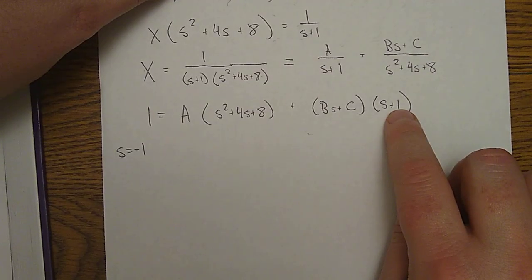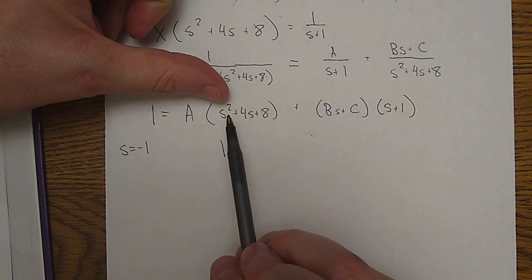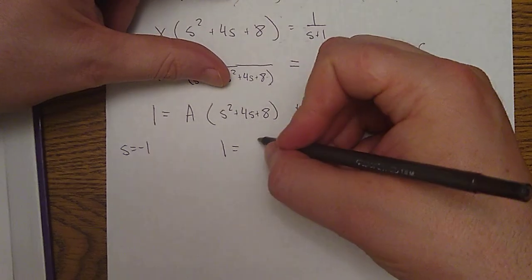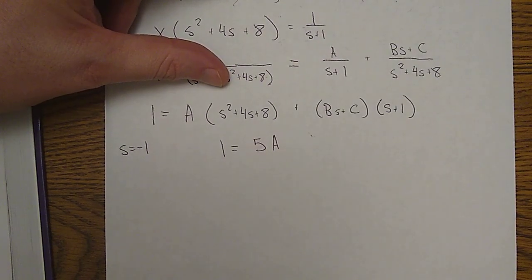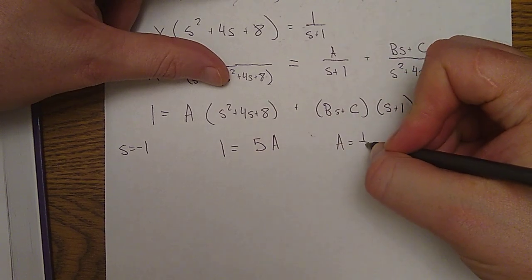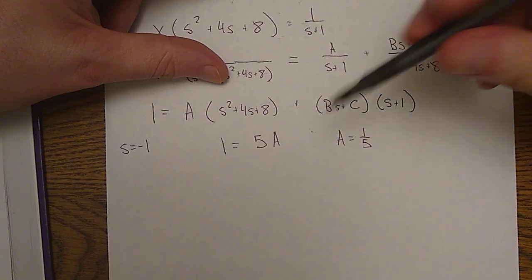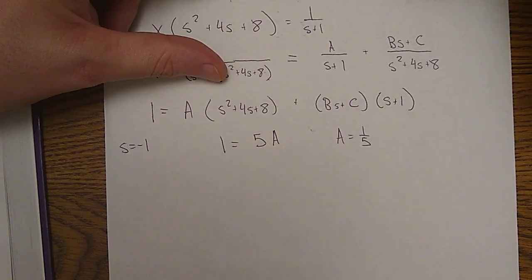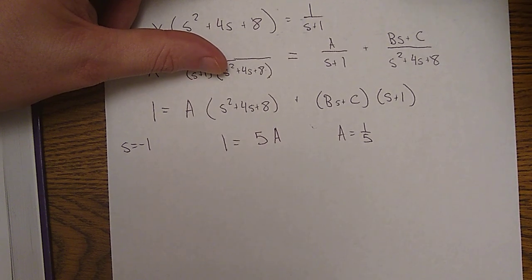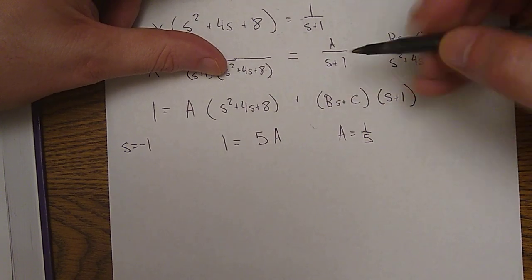If I put in -1 for s, I am going to get 1 equals 5a, and this whole thing goes away. So a is 1/5. Now I don't have a lot of great ideas for what else to plug in for s. If I put in 0 for s, that will at least kill the b.